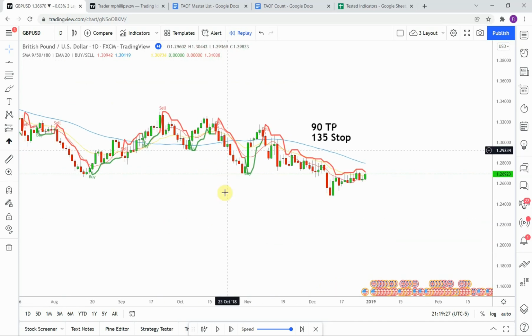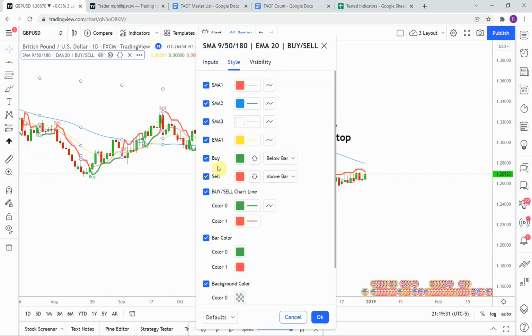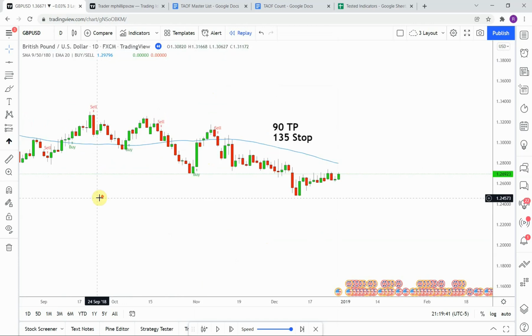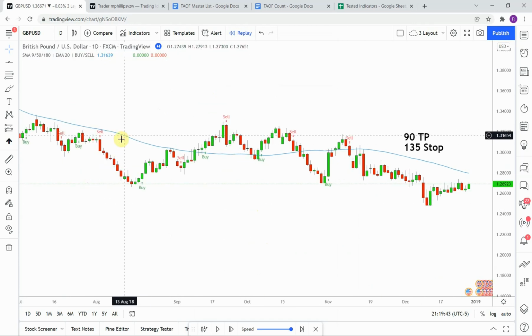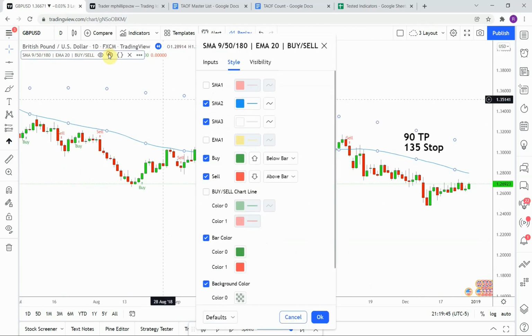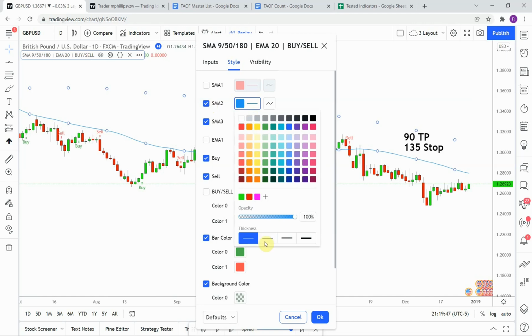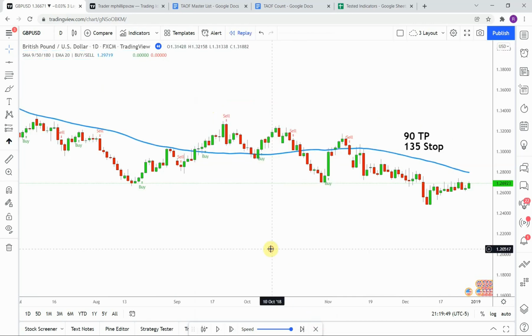So let me go in and turn off that one. We'll keep that one on. We'll turn off that one, and we'll turn off that one. Okay. And so we have the blue line running through the middle of the screen there. We'll go ahead and bump up the weight just a little bit more.